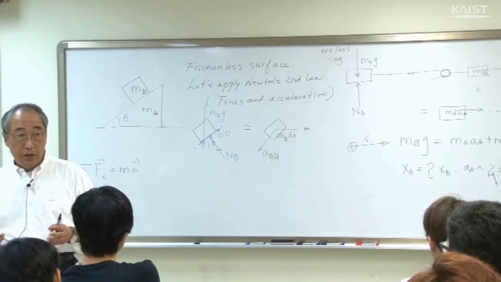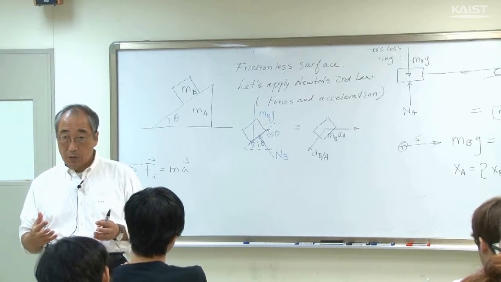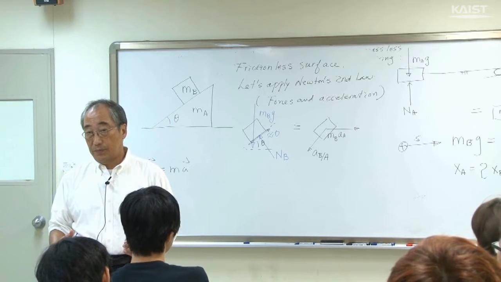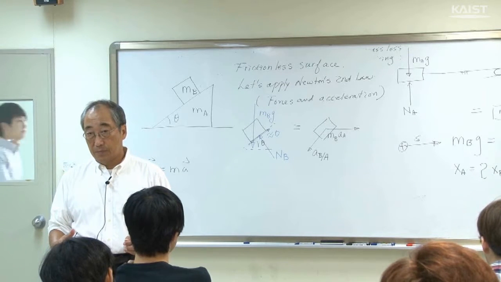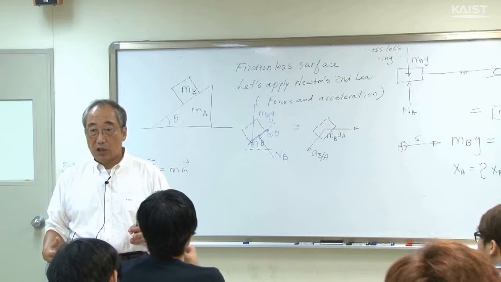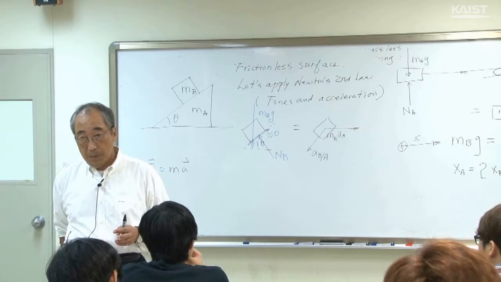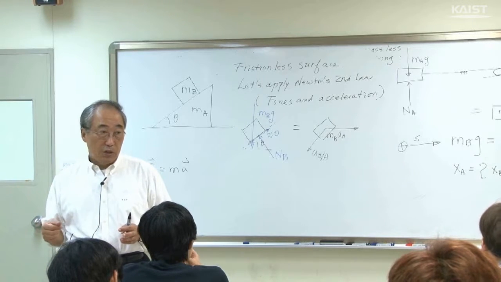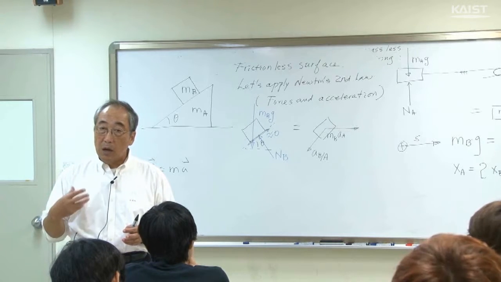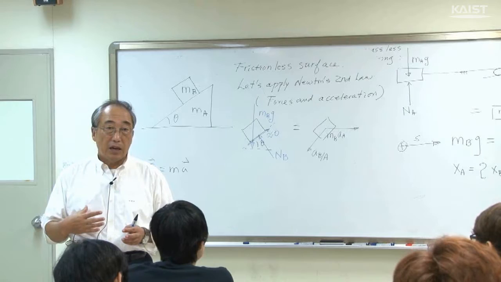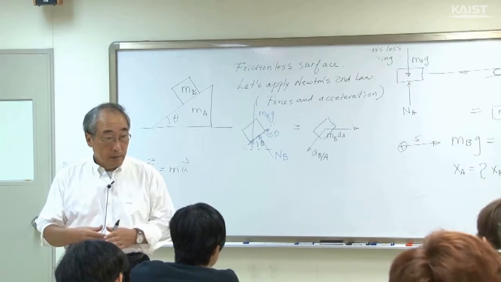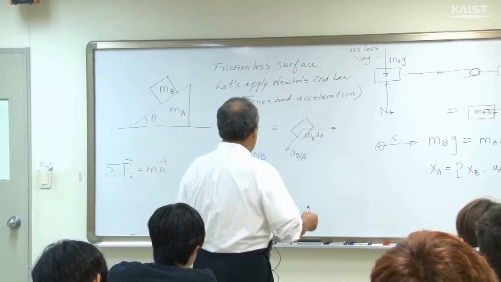And you are measuring the motion with respect to the coordinate that is attached to the ground. Otherwise, if you measure your acceleration with respect to a coordinate attached to your bottom, then the formulation has to be different. We will talk about that problem later on. But up to now, the acceleration we are handling is acceleration measured by an absolute coordinate. Therefore, this is quite acceptable.